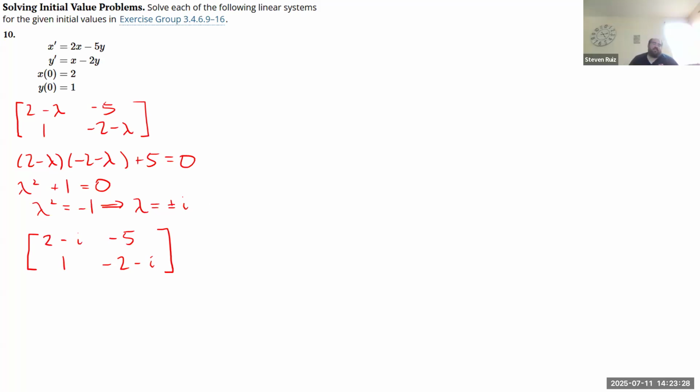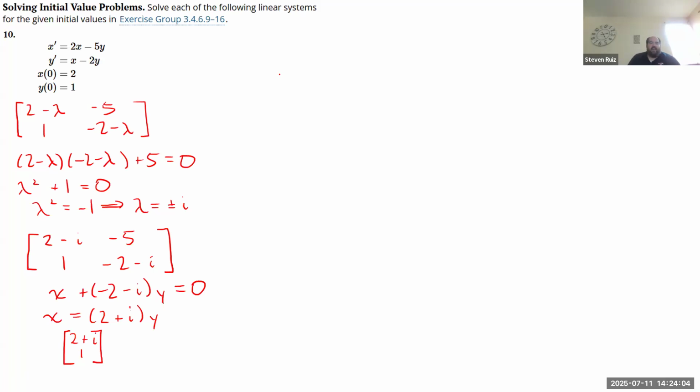I'm going to take the bottom row this time because it has smaller coefficients. One of them is a 1, so hopefully that's convenient. So I get 1x plus negative 2 minus i times y equals 0, or x equals 2 plus i times y. So a good eigenvector would be this. If I make y equal to 1, and then x equal to 2 plus i, I think that's a fitting eigenvector.